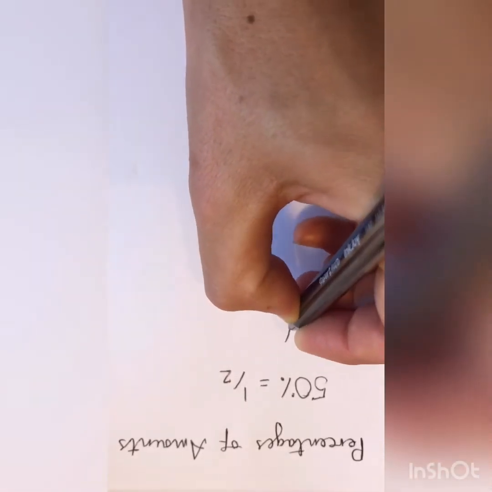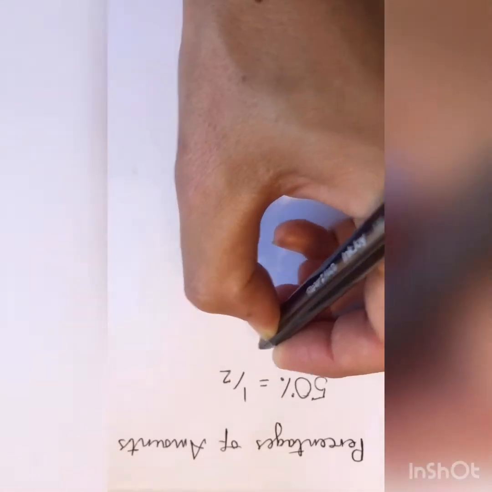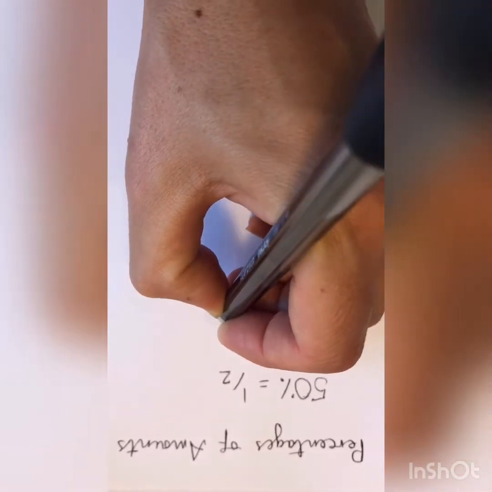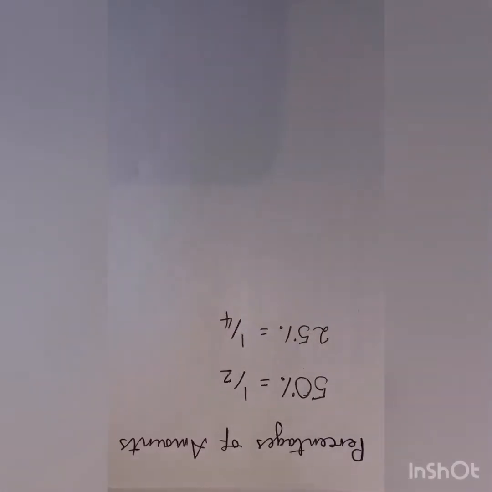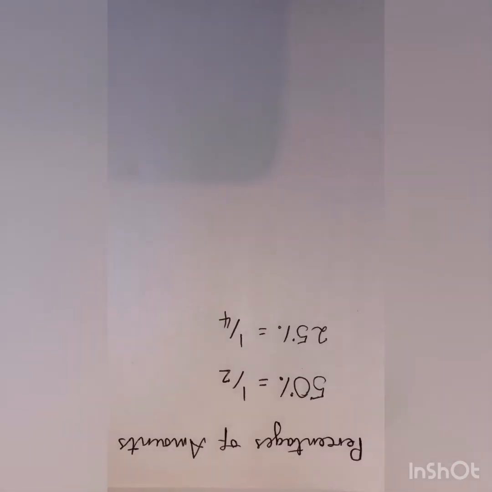And just the same as that, 25%, you should remember, and it's really important that you do remember this, 25% is the same as saying 1/4. So if I wanted to find 25% of 200, I would just quarter 200. I'd split 200 into 4 pieces.